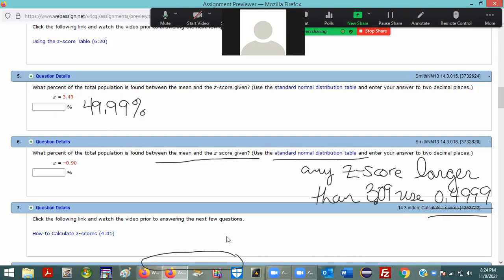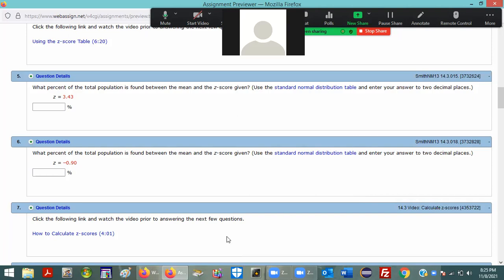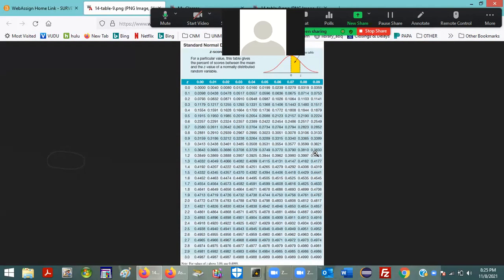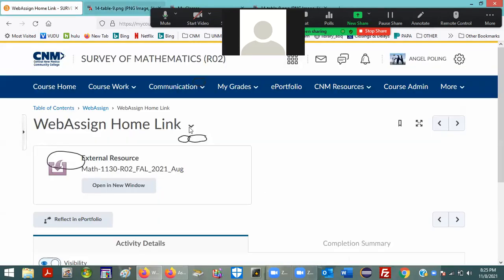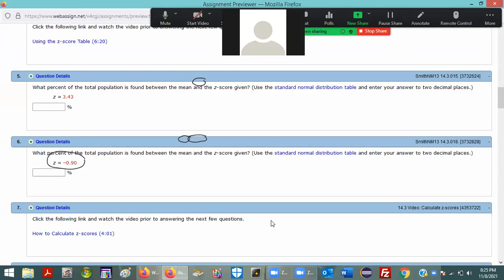Okay, so now looking at our z-score of negative 0.9, right? We go to our z-score, ignoring the negative, go to your 0.9. And since the hundredths digit was the 0, then we find on the table 0.3159. We said 0.3195, I think, right? So we'll look again, 9 and 0.